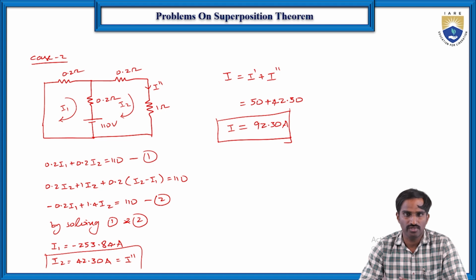Whatever basic network reduction technique we can apply to find the current flowing in each circuit. That's why in the first problem I applied just the KCL or nodal analysis, and in the second case I applied the loop analysis, right? But in both cases the circuit is more or less similar, right?